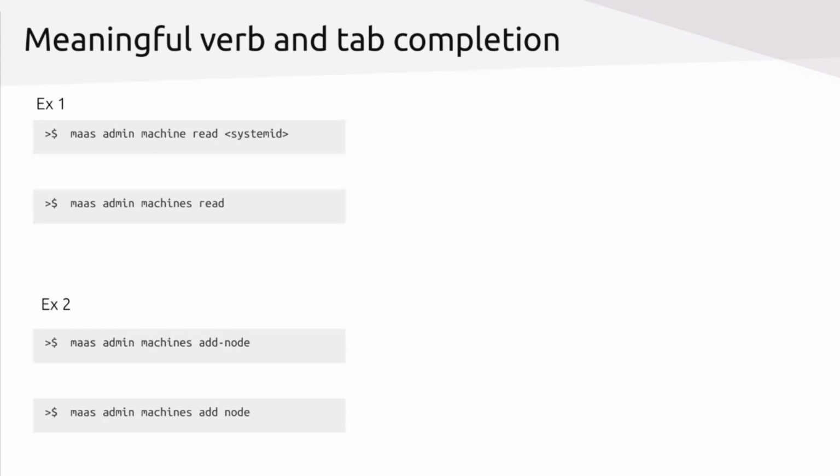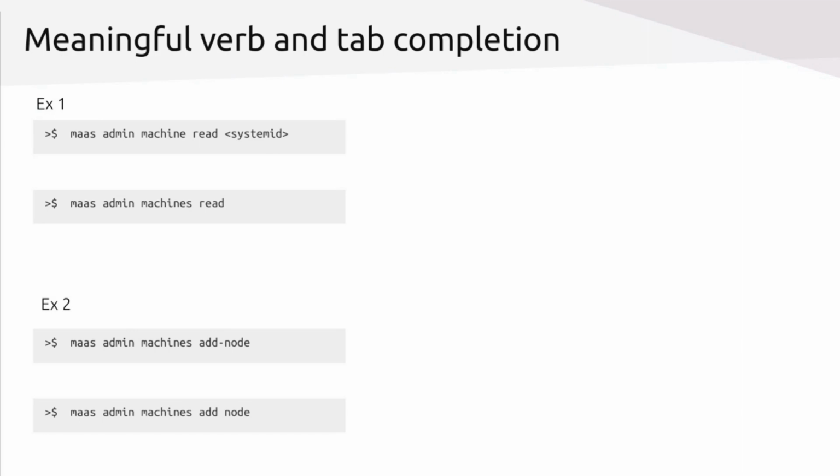So it's not efficient, right? Now, if you look at the second example, you'll see that this is an add node command. One of them has a dash, and the other one does not have a dash. Which one do you think is better for tab completion? Yeah, the second one, and that's because you have a dash in the clause.